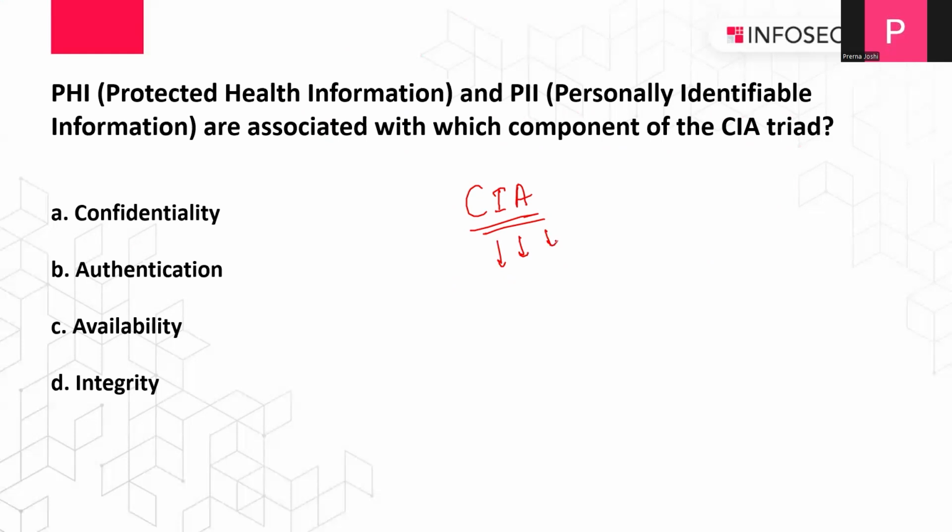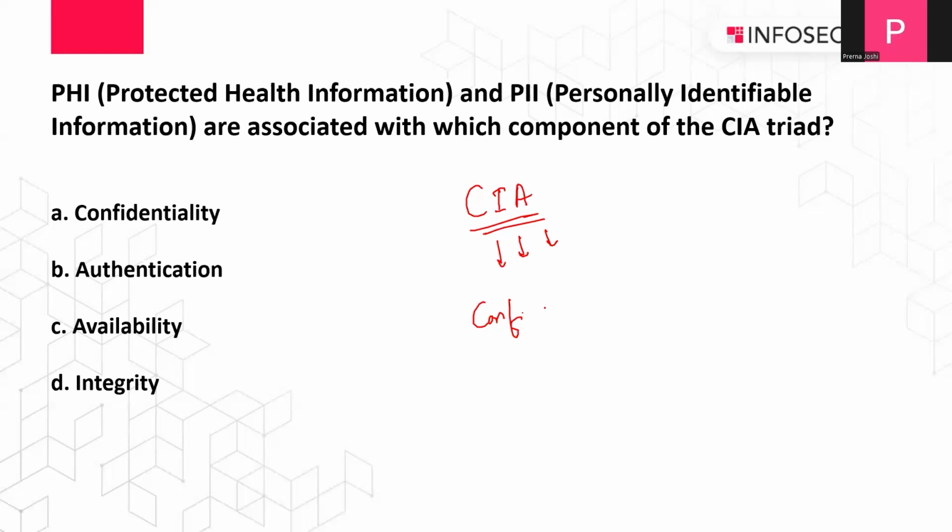Confidentiality says that the data, the information, should only be accessible by authorized persons. That means no unauthorized person can have access to your data, and it's important to maintain the confidentiality of that data.